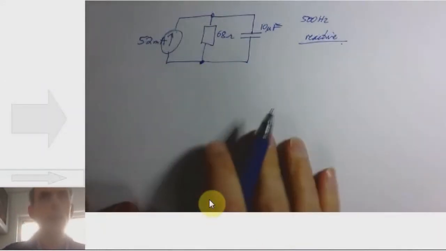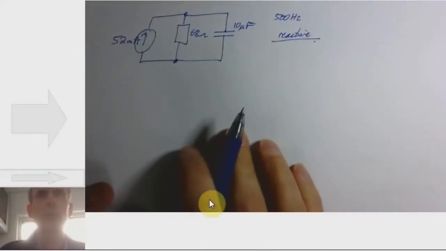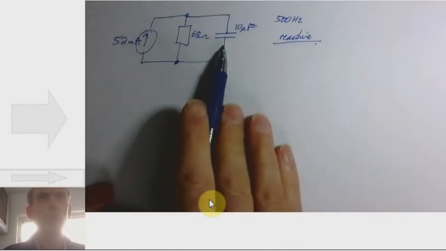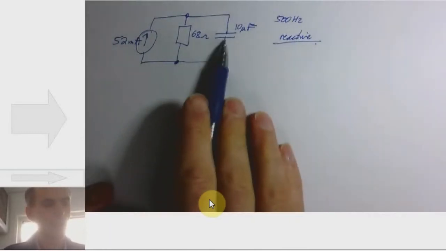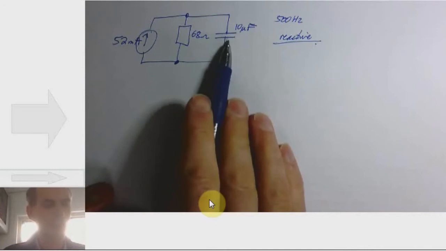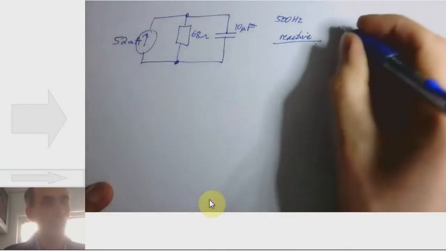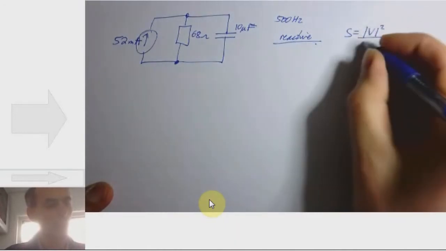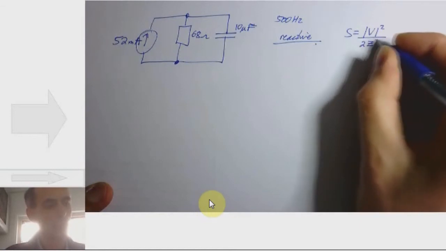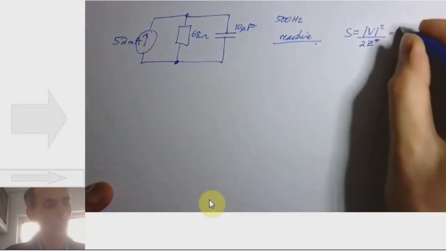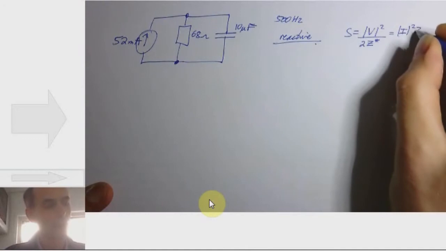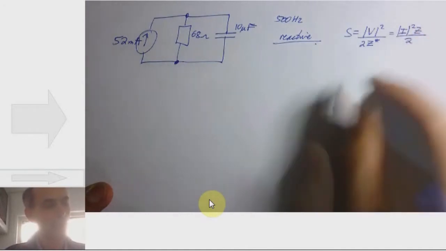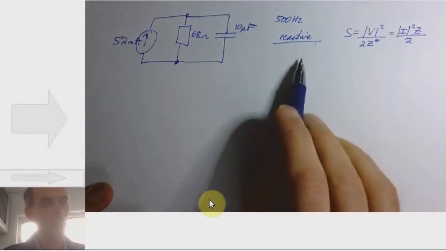This one's slightly more complicated than the last one because we don't know the voltage across the capacitor or the current through the capacitor. So we can't simply use the formulas S equals magnitude of the voltage squared divided by 2Z complex conjugate, or magnitude of the current squared times Z divided by 2, because we don't know either of them.